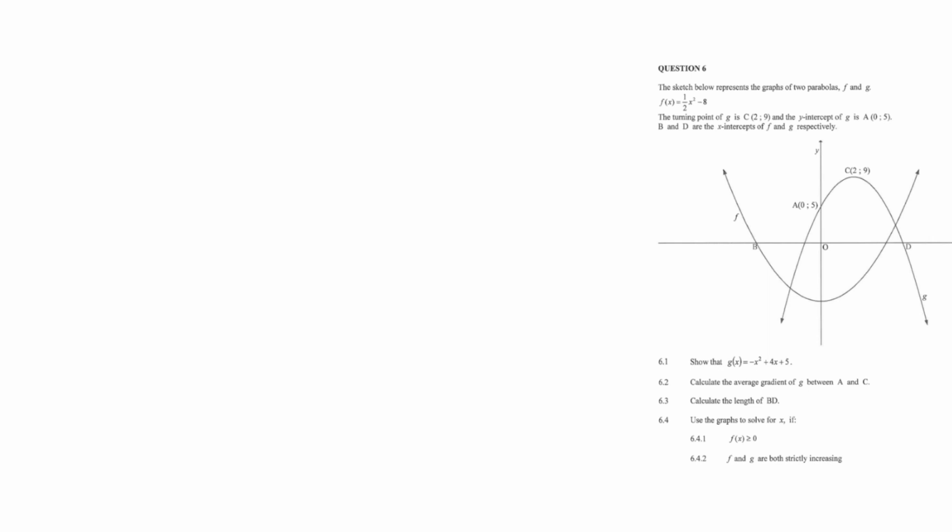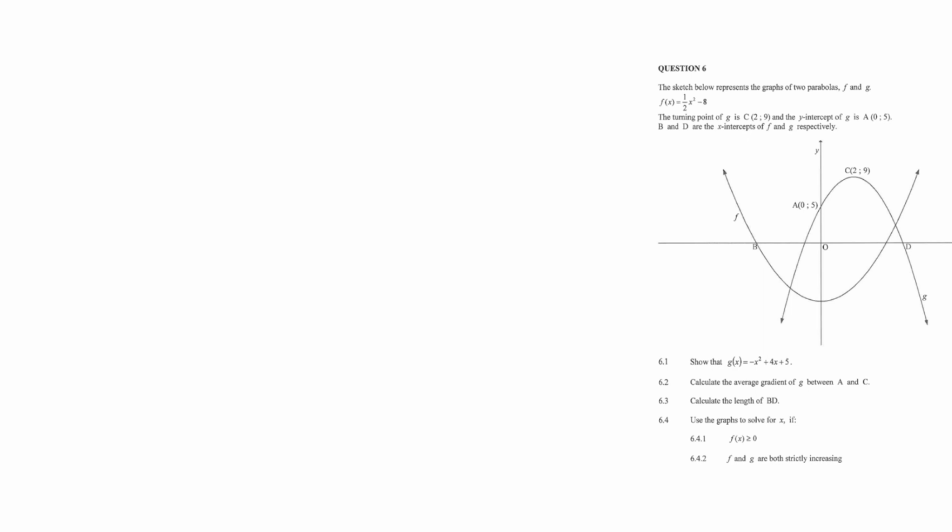B and D are the x-intercepts of f and g respectively. Here we have 6.1, which says show that g of x is equal to minus x squared plus 4x plus 5.